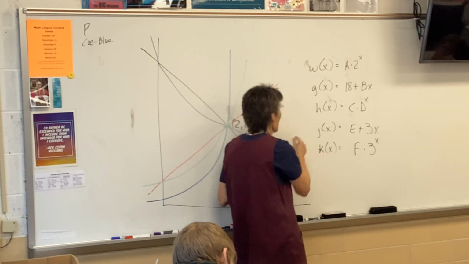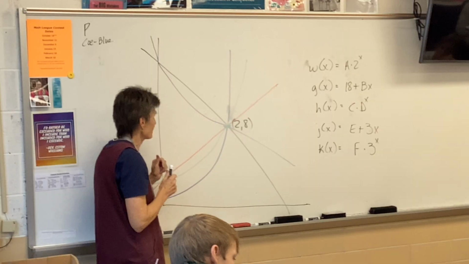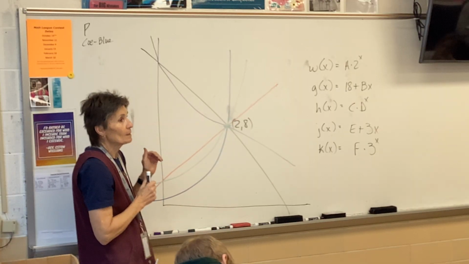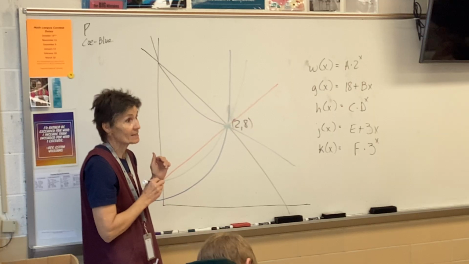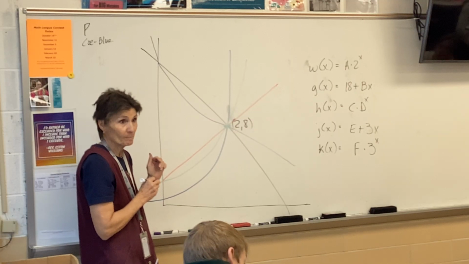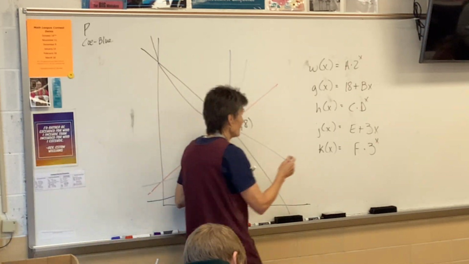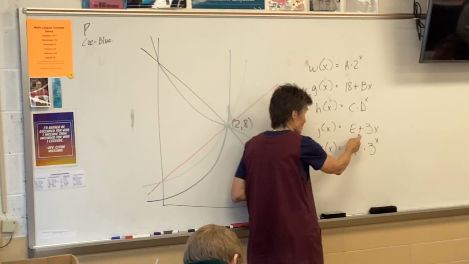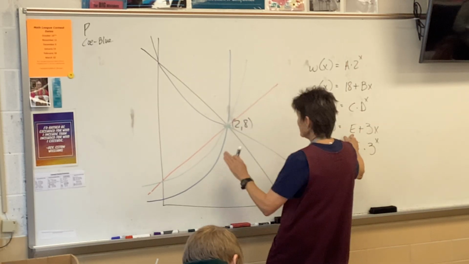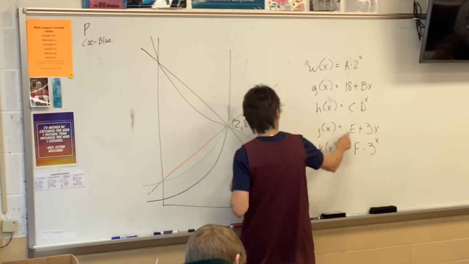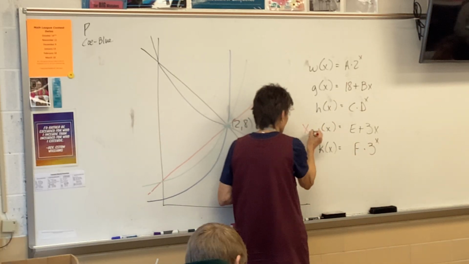Yeah. Now, when you look at your lines, your red one and your black one, it's pretty clear that one of them has a positive slope and one of them has a negative slope. Well, this guy right here has a slope of 3. So that has to be your red line. Would everybody agree with that? That this is a red line?